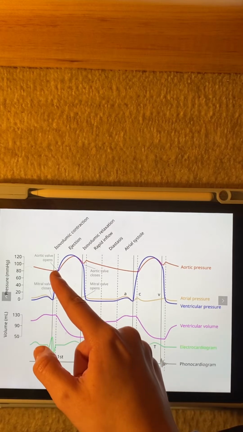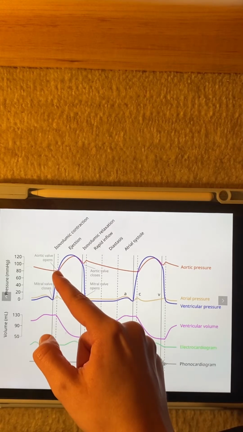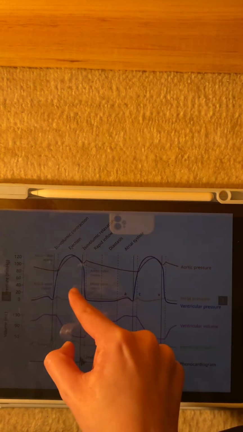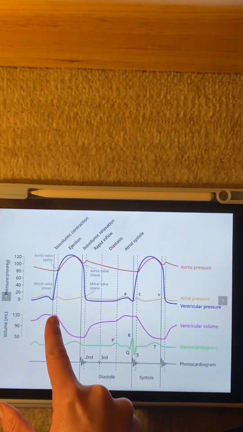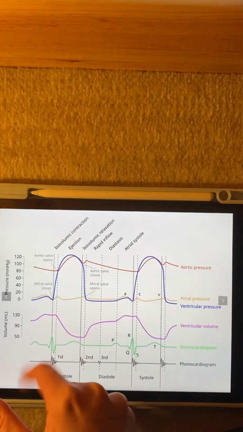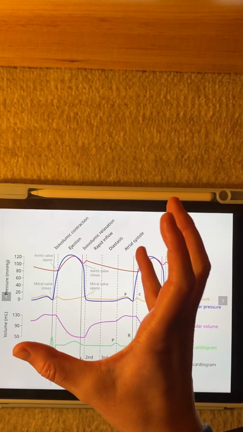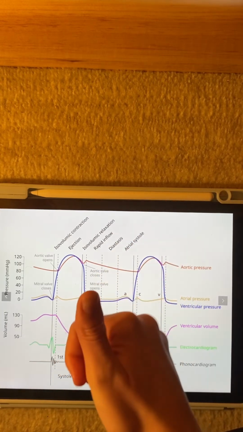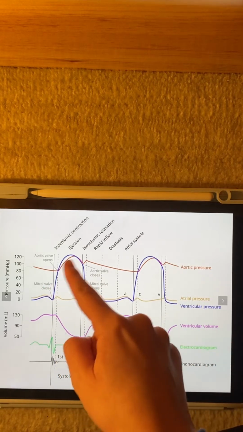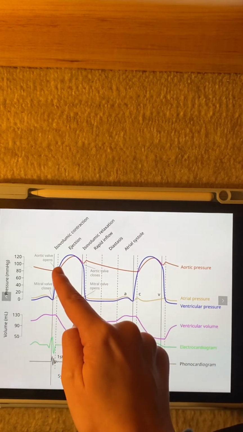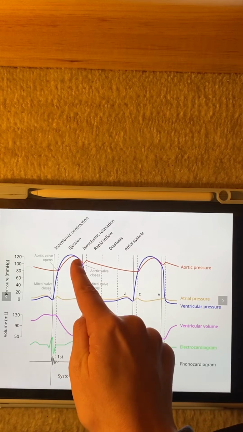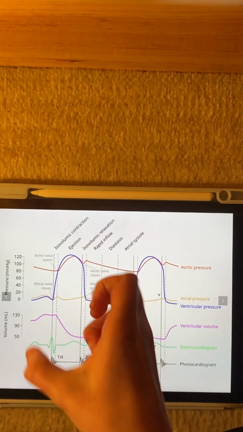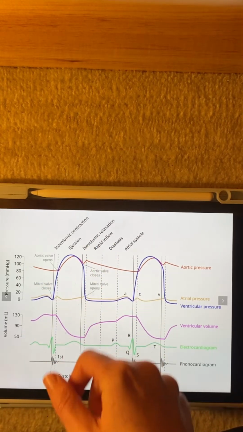We know that our aortic valve is open at this point because we start to see a decrease in ventricular volume, and that is because the blood in the ventricles, now that that valve is open, is getting squeezed out and up into the aorta. And we can also see that reflected in the increase in aortic pressure, because we are now filling that aorta with blood.